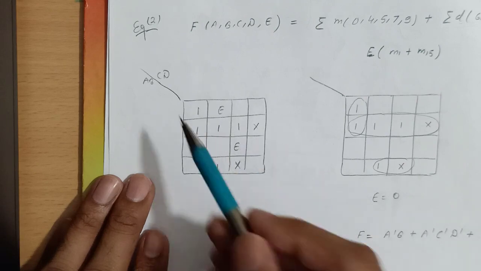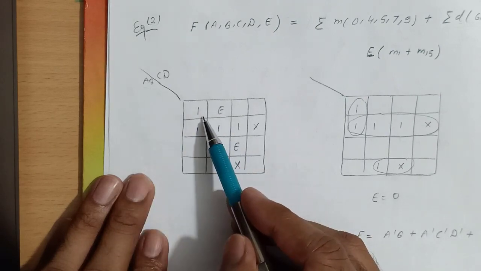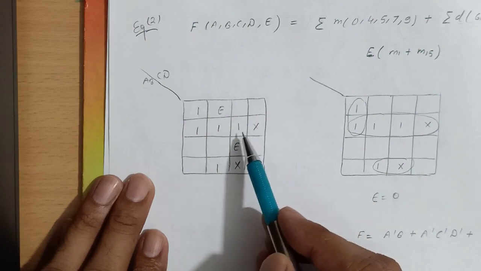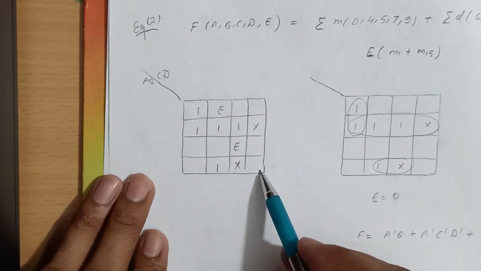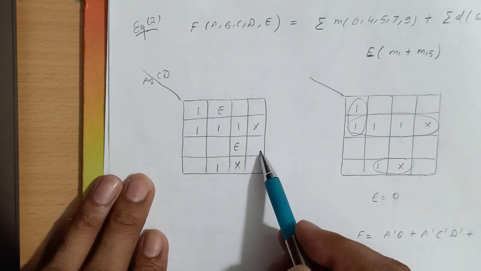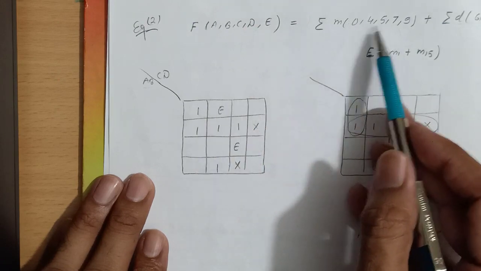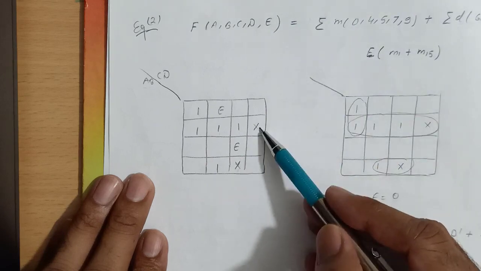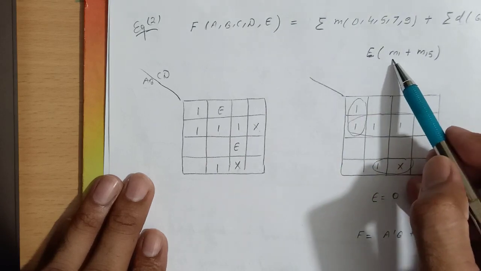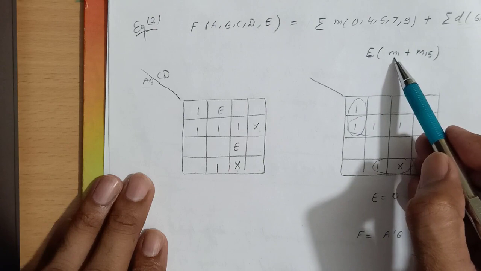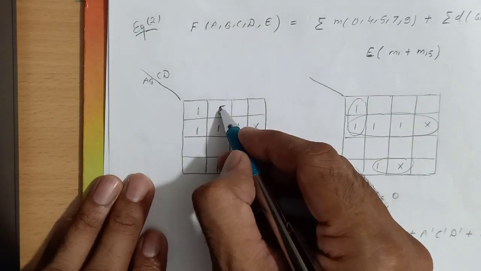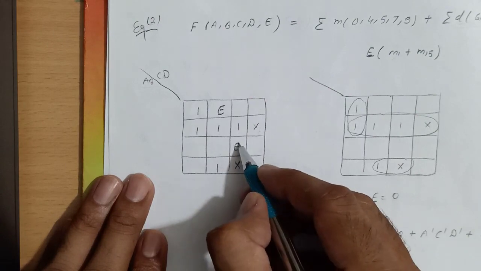Because AB is here, this will be minterm 0 1 2 3 4 5 6 7 8 9 10 11 12 13 14 15. So we have entered the minterms here, don't cares 6 and 11 here, and corresponding to these minterms we have entered the variable e inside.